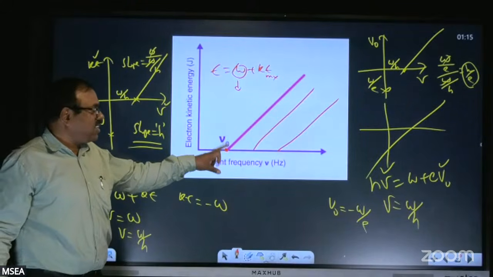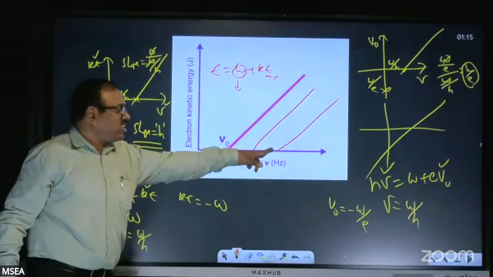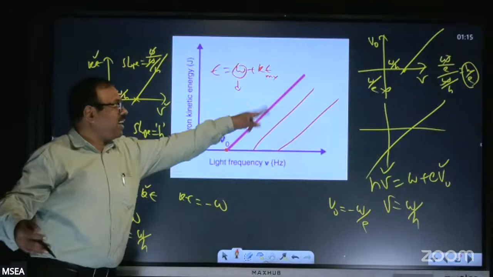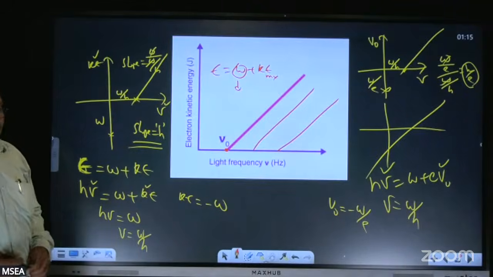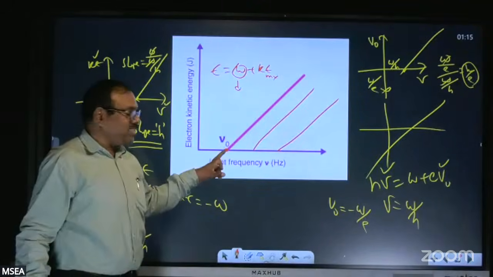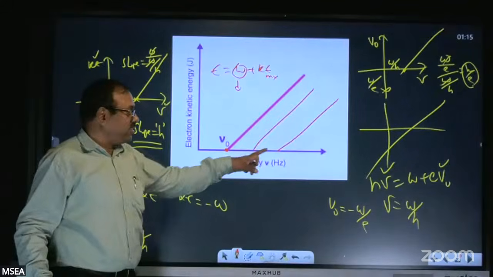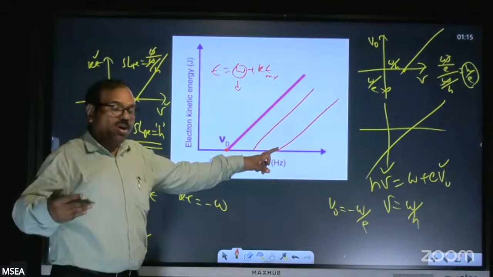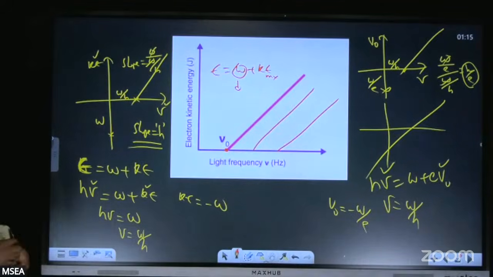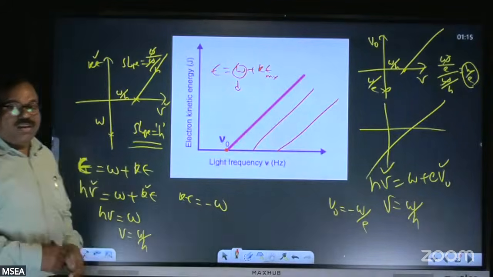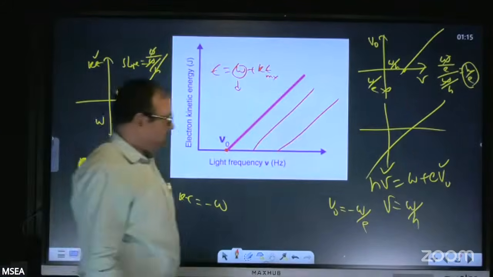Since the work function is less, it is the maximum kinetic energy. For this one the work function is more and the kinetic energy is less, because energy is conserved. Here the work function is less, so the kinetic energy is more; there the work function is more, so its kinetic energy is less.